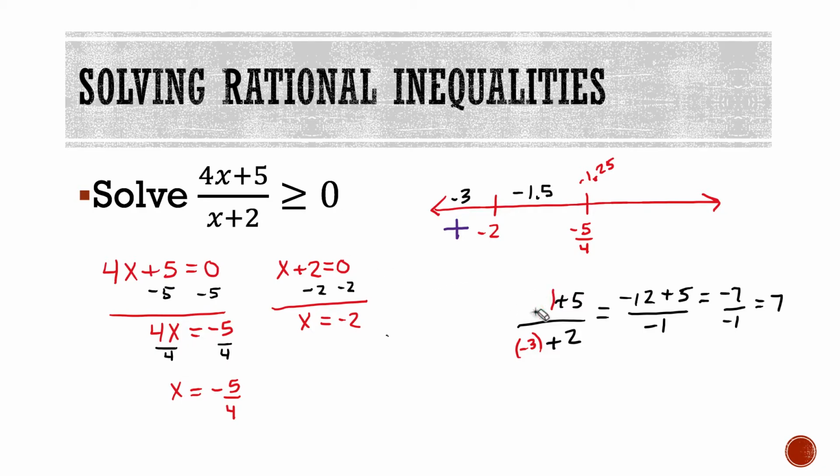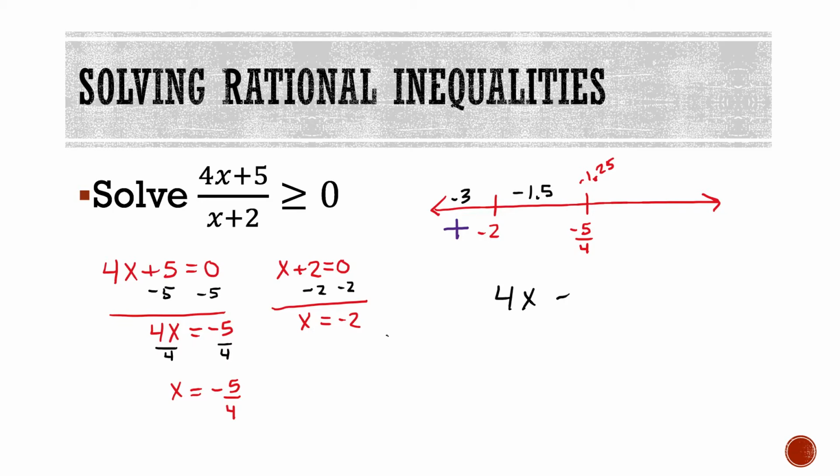All right, so let's do the same thing now with the -1.5. I'm going to take my function (4x + 5) over (x + 2), and in place of those x's, I'm going to put in -1.5. All right, and then we're going to work that out.